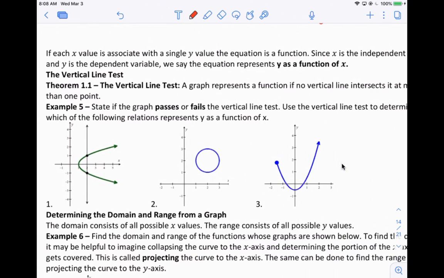We can do something called the vertical line test. Remember, the vertical line test is banking off the fact that it needs to be a function. If you have a function, that means that for one x, you only go to one y. Again, that can be the same y, that's fine, but it cannot be one x going to 2 different places. So let's look at this first guy here.